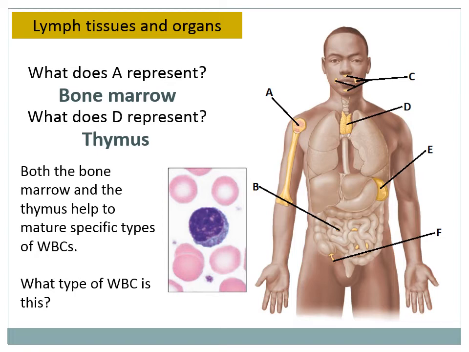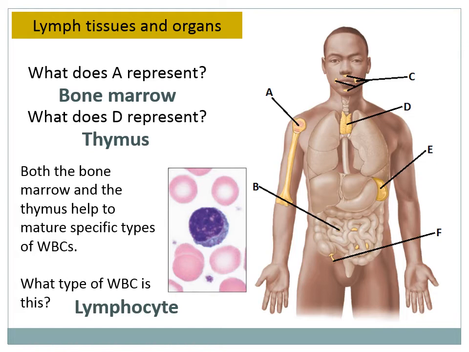Specifically, they're going to help mature these kinds of white blood cells. So what kind of white blood cell is that picture showing us? That is a lymphocyte, right? With those big spherical nuclei, and they're generally smaller white blood cells with big nuclei.